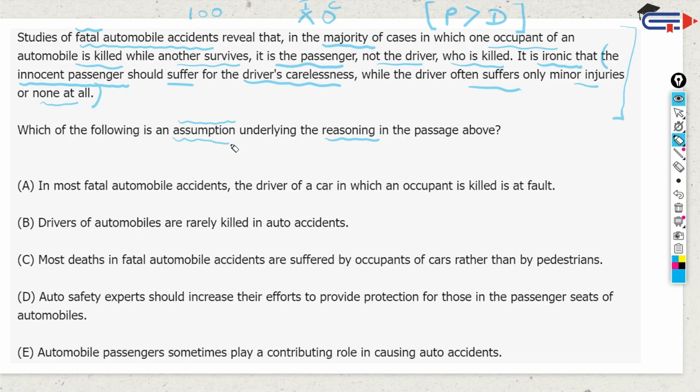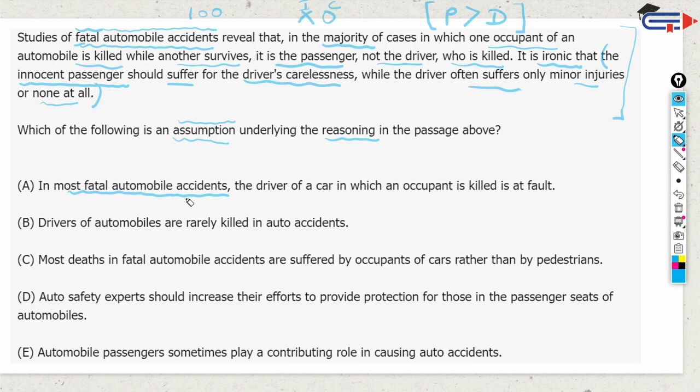We have to find out an assumption, something that has to be true. It's going to be difficult for us to guess this question, so let's move on to the answer choices directly. In most fatal automobile accidents... they are talking about the same set, which is a good thing. Many times they talk about a different set, maybe an answer choice that talks about accidents that are not fatal, but here they are talking about the same set.